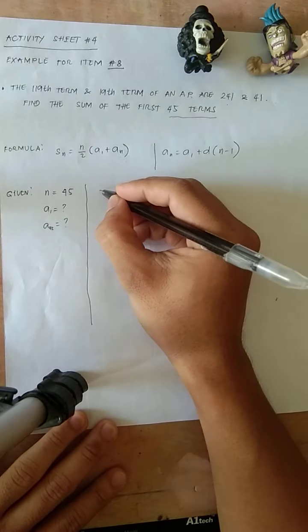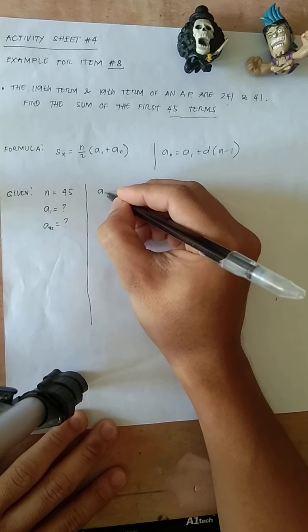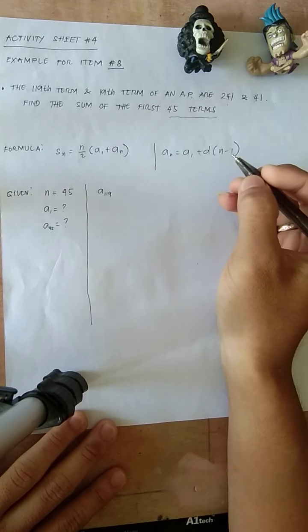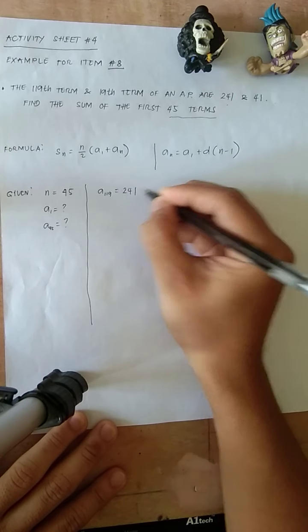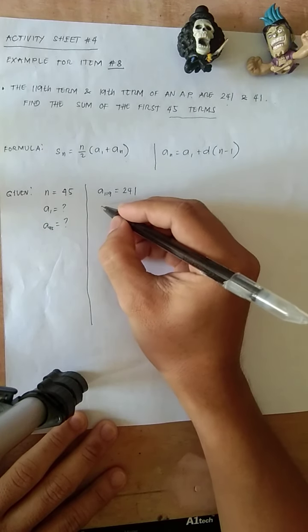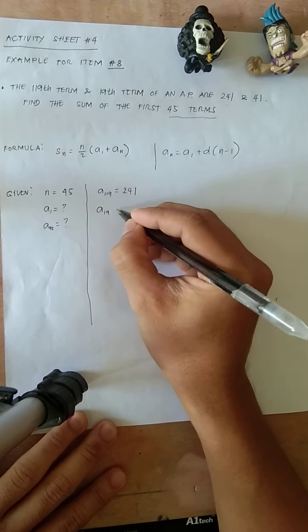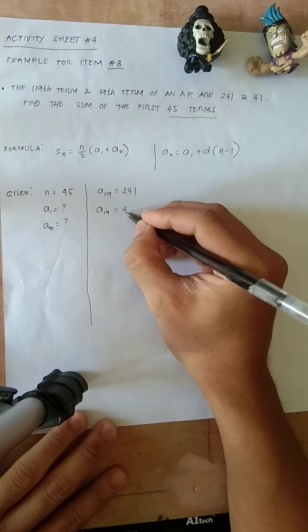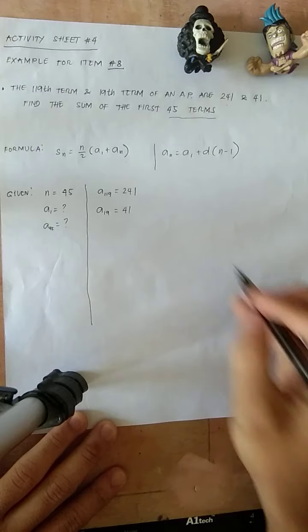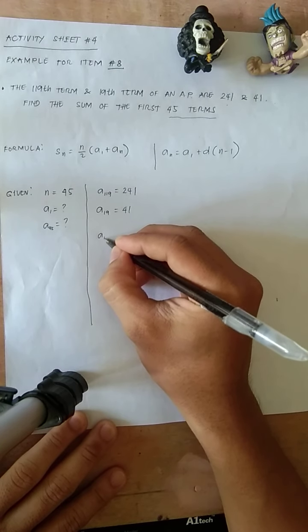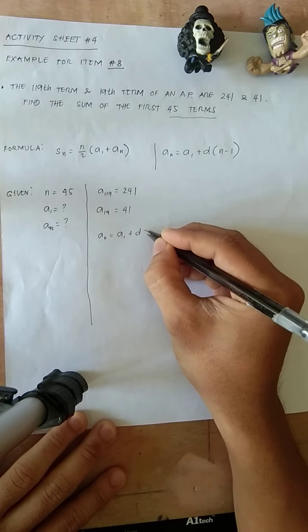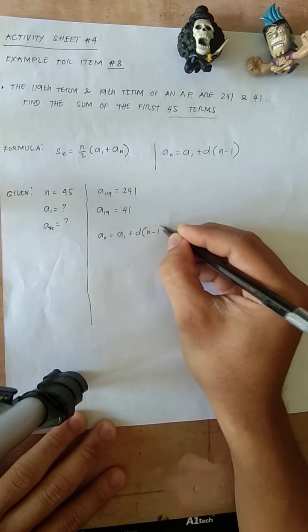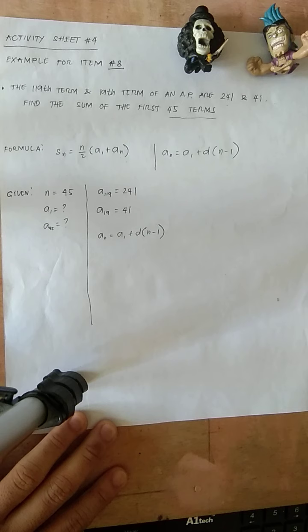But of course, using these given. It is given that a sub 119 is equal to 241, and it is also given that a sub 19 is equal to 41. Now, let's use the formula: a sub n equals a sub 1 plus d times n minus 1.